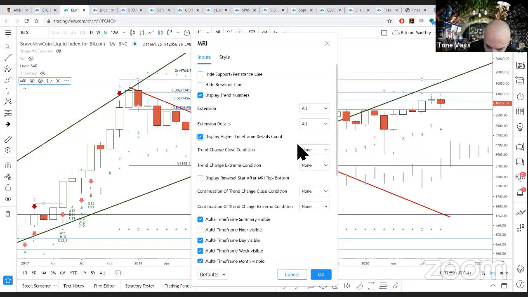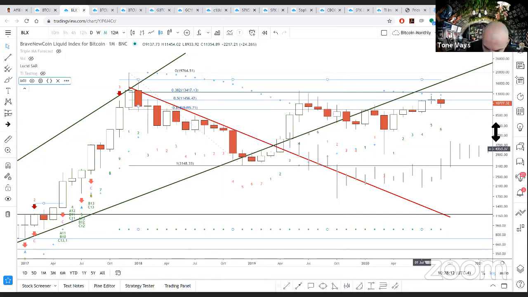But since this is a monthly chart, it's not going to show you anything because we just have it defaulted to daily, monthly, and daily, weekly, and monthly. So that won't do anything on a monthly chart. So you can see how there are no details for the extensions. All of that has ended, but the trend version, we're on a 6 here. We ended on a 6, and now we're on a 6 again. So let me turn that off.